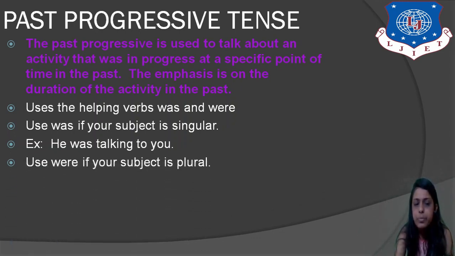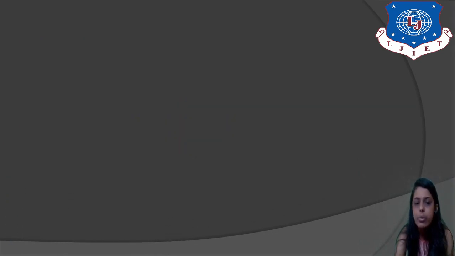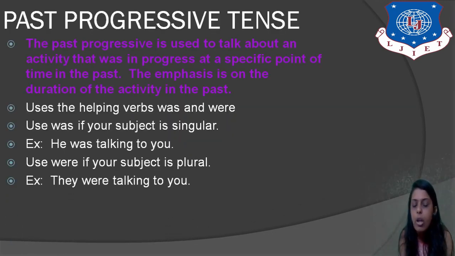Use were if your subject is plural. They were talking to you. Are you getting it? The action which happened in the past was in progress in the past, in continuous form. At that time you use was and were. Was for singular and were for plural.